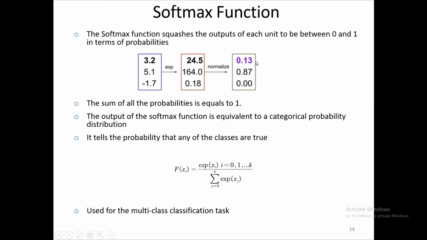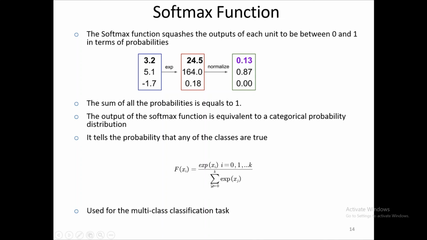And for this we can see 0.13 probability for class 1, 0.87 probability for class 2, and 0.00 probability for class 3, and it tells the probability that any class is true, and it is used for multi-class classification.